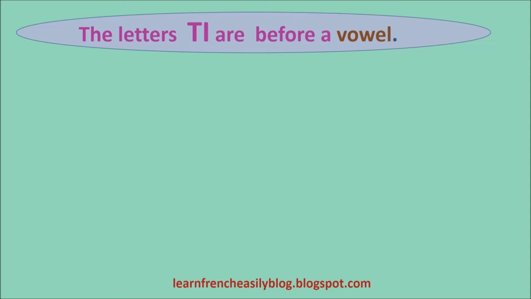If the letters TI are before a vowel, they are pronounced S. S as sun and Y as yes. S. Let's have a look at the examples.